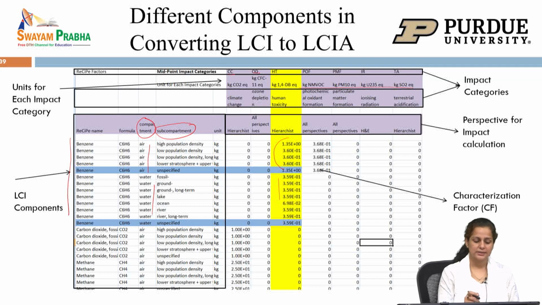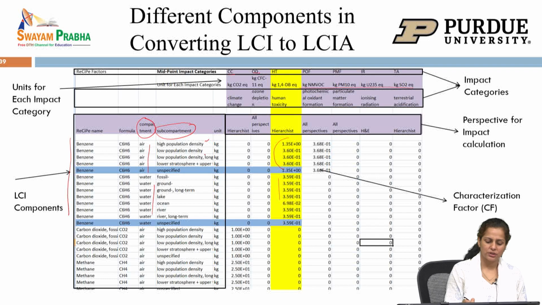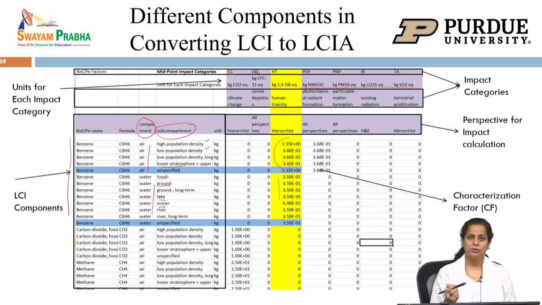The next thing is the subcompartment. In subcompartment you can see high population density, low population density, lower stratosphere, and in terms of water it is talking about groundwater, lake, ocean. That also indicates what the potential impact will be.